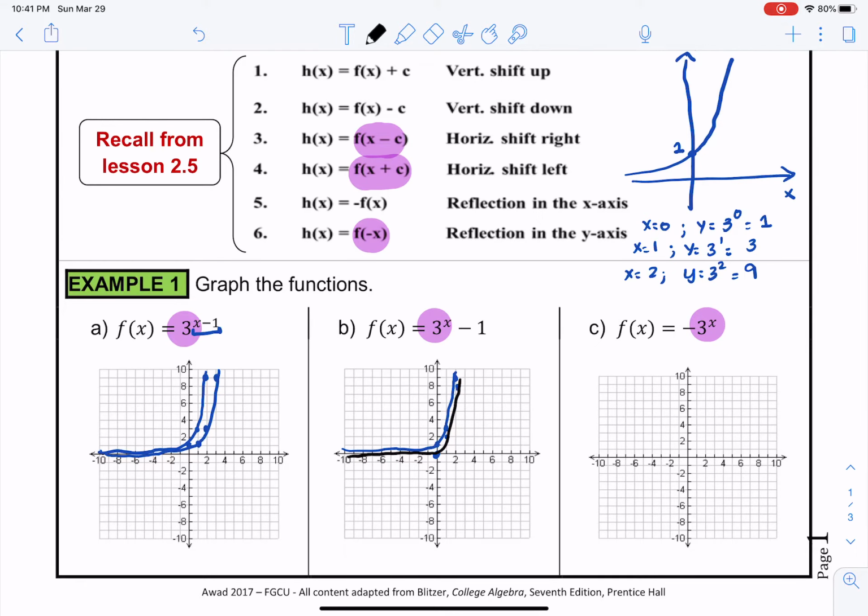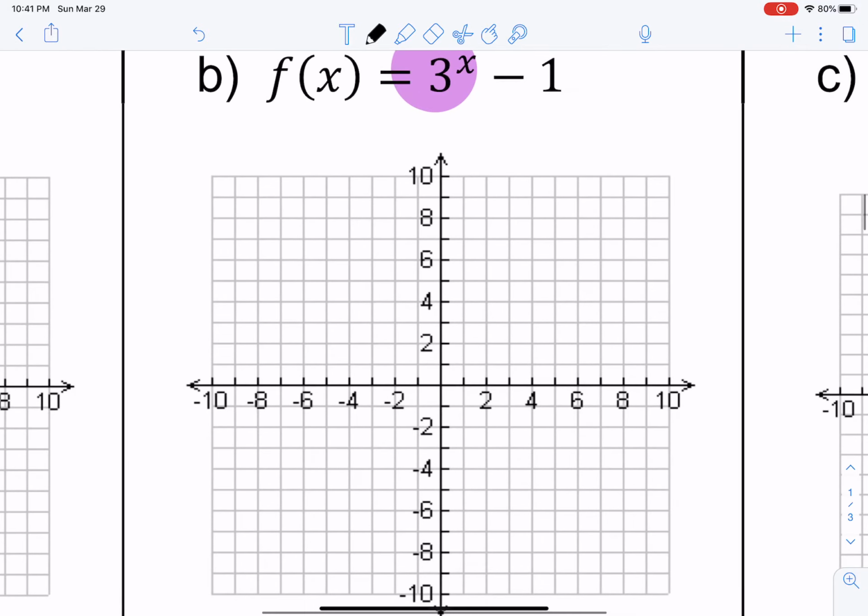So perhaps I shouldn't do that. So let's make this larger. So that is 1, 3, and when x is 2, y is 9, and it's going to grow and go up that way.